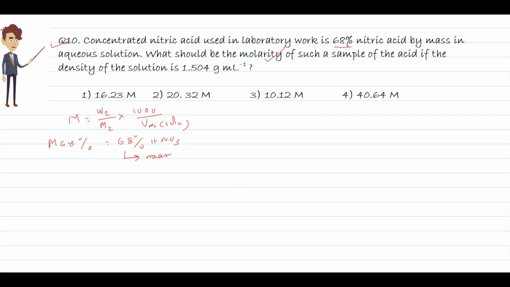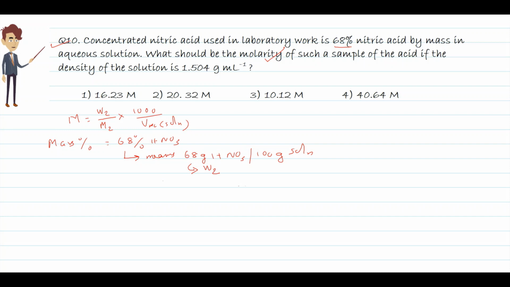Means we have 68 grams HNO3 per 100 gram solution. 68 gram HNO3, it is W2. HNO3 is the solute here. So mass of solute W2 is equal to 68 gram.